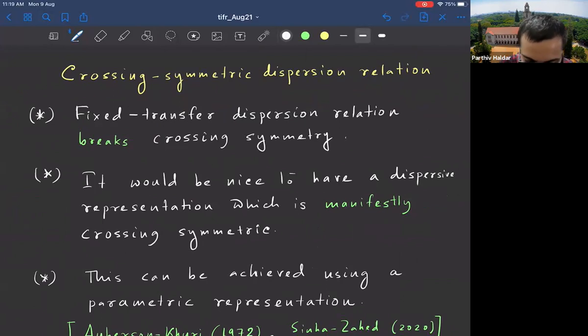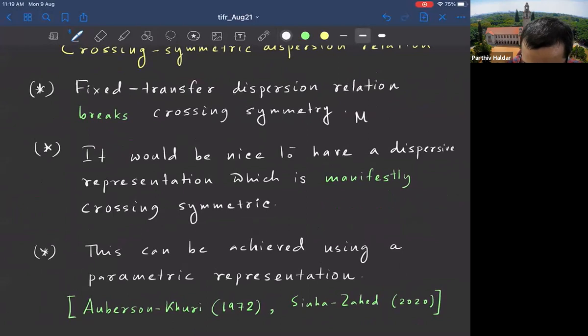Now, the fixed-t dispersion relation looks like M(s,t), but then you fix t, and it's something like s minus s', s', t. This manifestly breaks the crossing symmetry, in the sense that your t is now fixed.